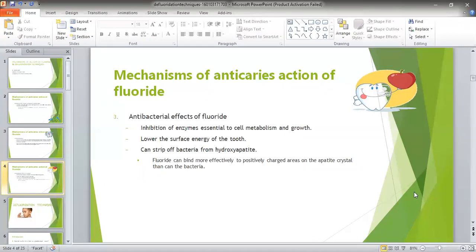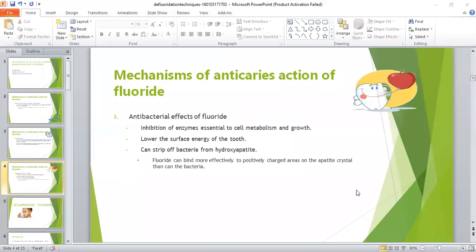Another action is it will modify the size and shape of the teeth. That is, it will reduce the cusp height and fissure depth, and increase fissure width, so making the tooth less susceptible to caries. Okay, as we know, deep fissures are the more favorite site of plaque accumulation and food stagnation, and if the fissures are deep, then there are more chances of food stagnation there.